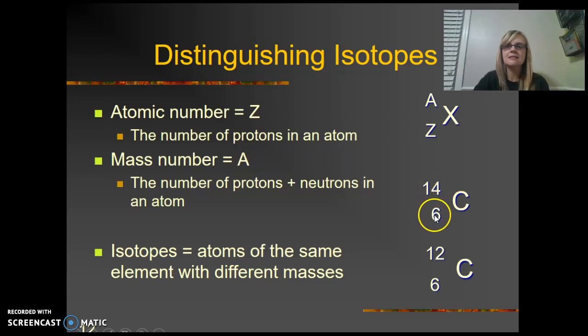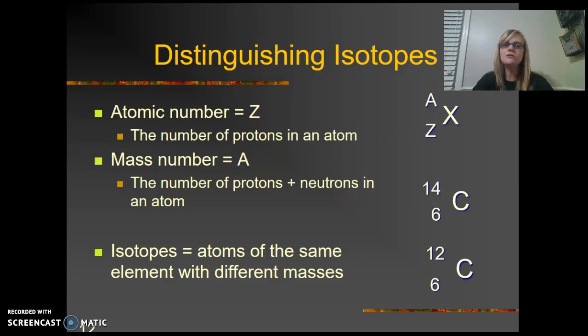And it has 6 protons. So how many neutrons does it have? Well, I would take 14 minus 6, and that gives me 8. So carbon 14 has 8 neutrons. Down here, I have carbon 12. Again, you name isotopes based on its mass. So if it has 12 as its mass number, minus 6 protons, that gives you 6 neutrons.